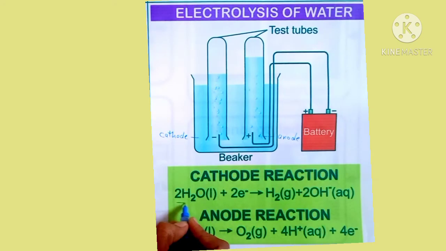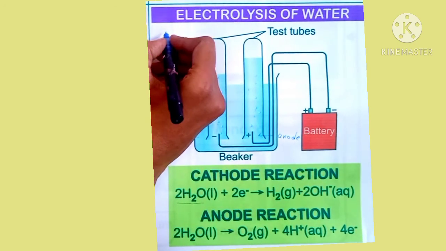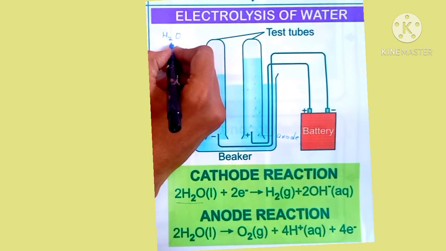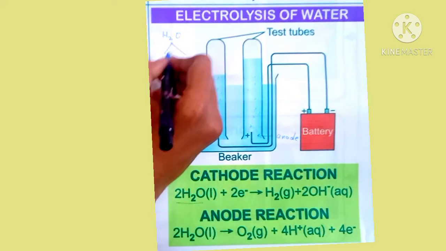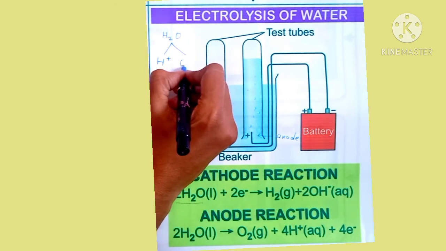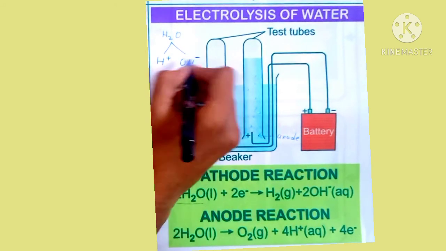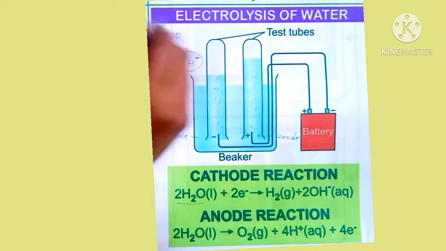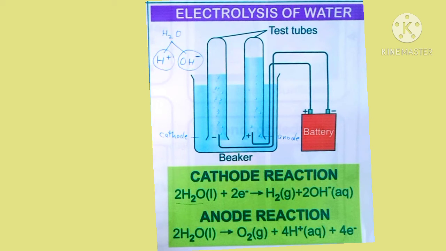First I will explain this water. This water, H2O, actually has one H ion and OH ion. Now at the cathode what happened?